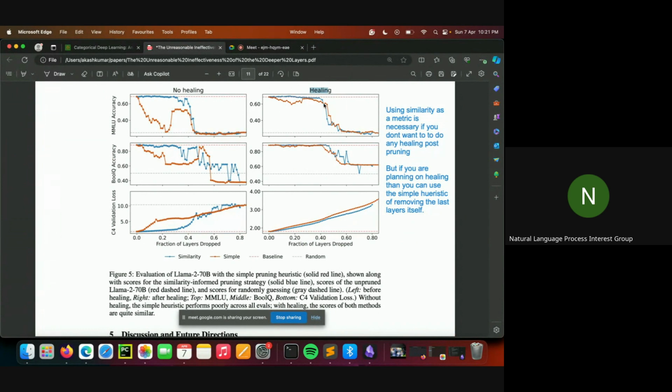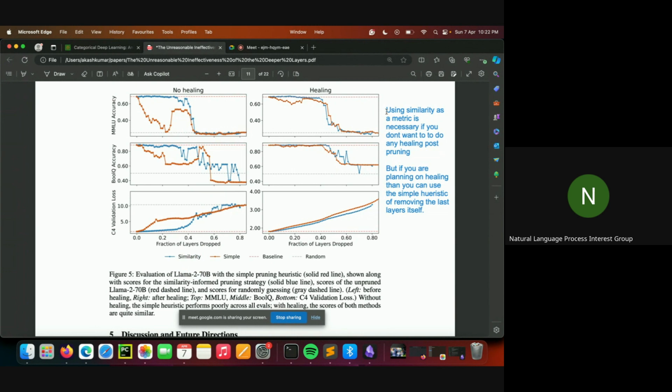So especially for the Llama 2 70B model, you can just randomly remove, let's say, 30% of the last layers and do this sort of fine tuning, and you can still get the original performance that could have been there if you had used the similarity method to select the most optimal layers to remove.